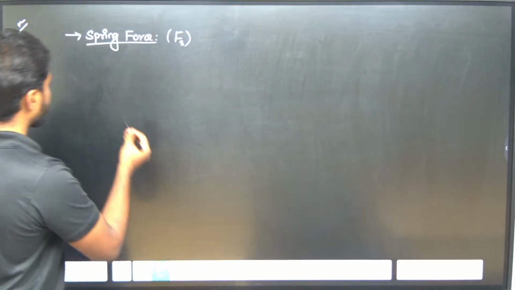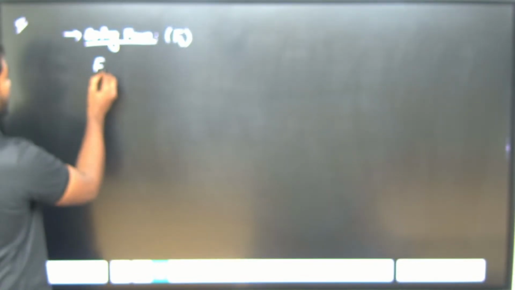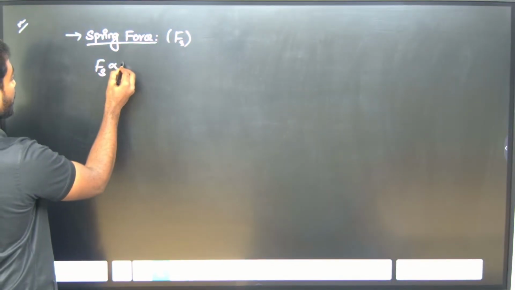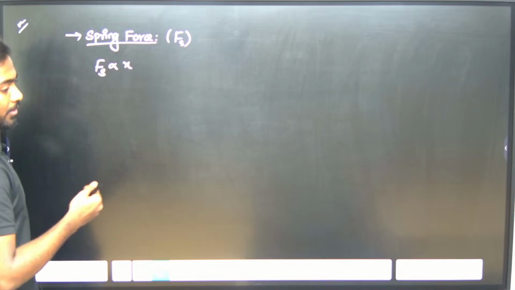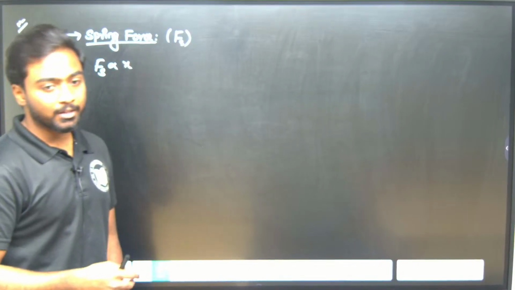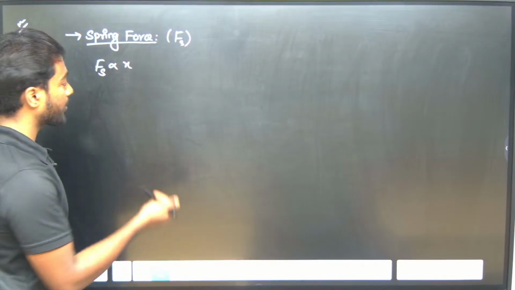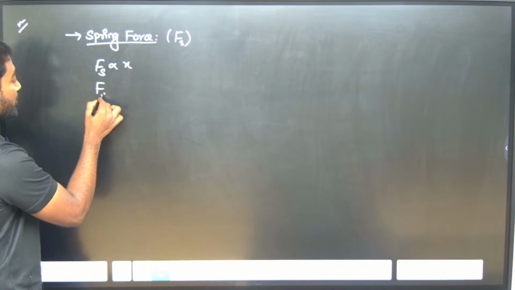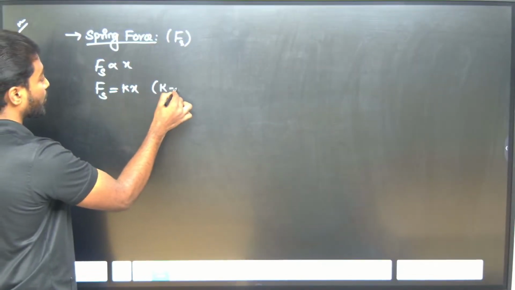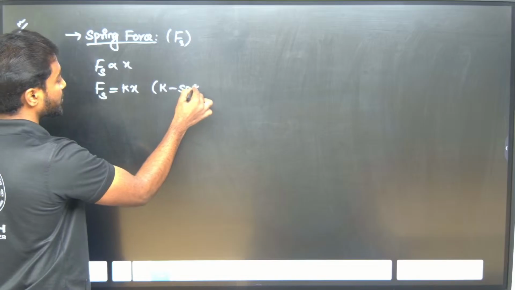Spring force is directly proportional to the expansion or compression x, so Fs equals Kx, where K is called the spring constant.